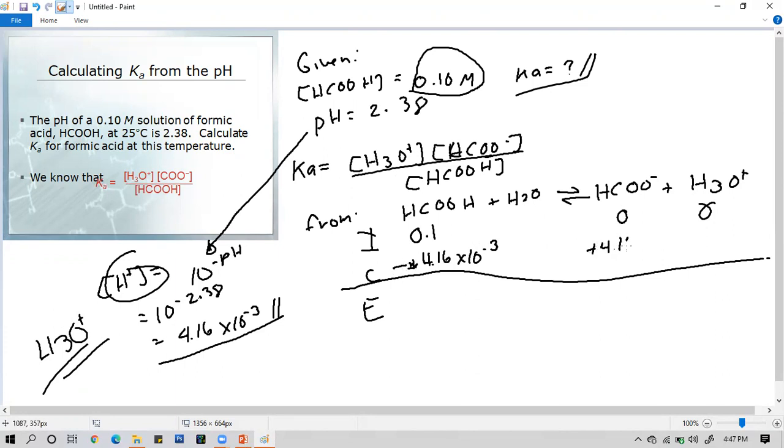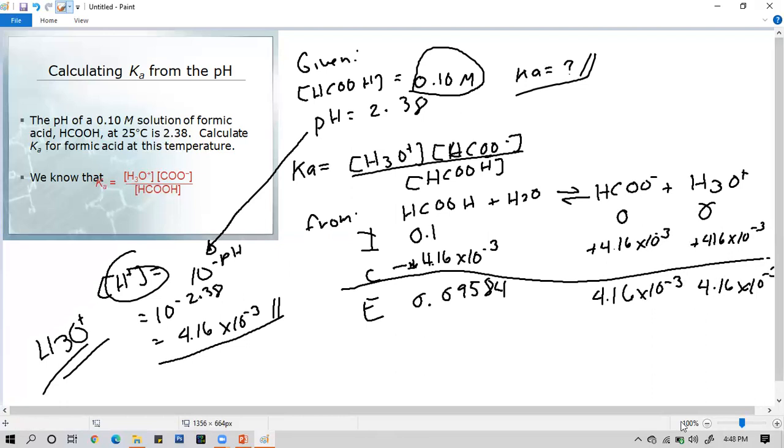Since plus, this is 4.16 times 10 raised to negative 3 and plus 4.16 times 10 raised to negative 3. Pag minusin nyo, you will obtain 0.1 minus 4.16 times 10 raised to negative 3, that is 0.09584. Tapos 4.16 times 10 raised to negative 3 and 4.16 times 10 raised to negative 3.